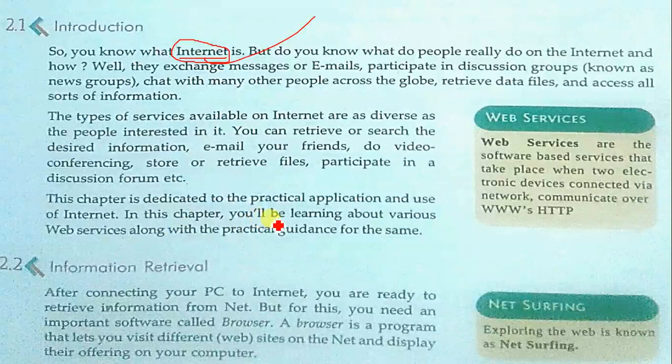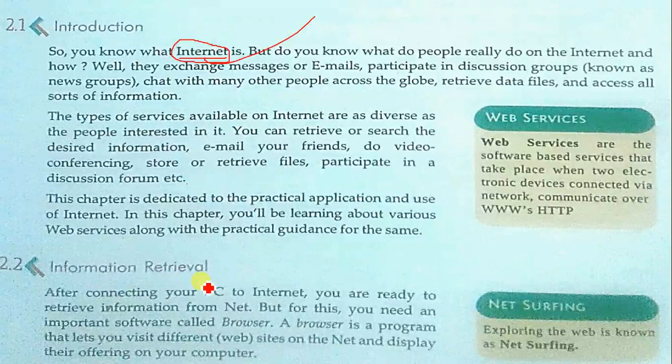In this chapter, we will learn about various web services along with practical guidance for the same. Web services are software-based services that take place when two electronic devices connected via a network communicate over the World Wide Web's Hypertext Transfer Protocol.